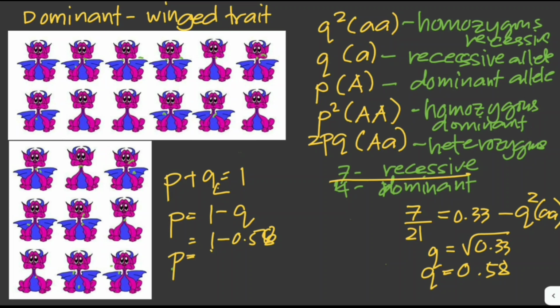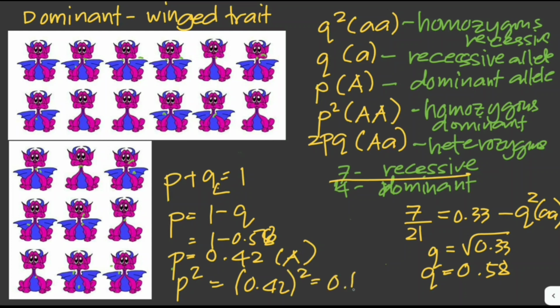Therefore, p is equal to 0.42. p here is the big A. Alright, and then we can solve for the value of p squared. We just square the value of p, which is 0.42. This is just equal to 0.18. So this is double big A, which is the frequency of the homozygous dominant individuals.